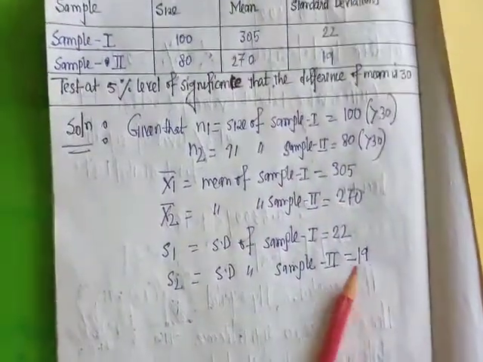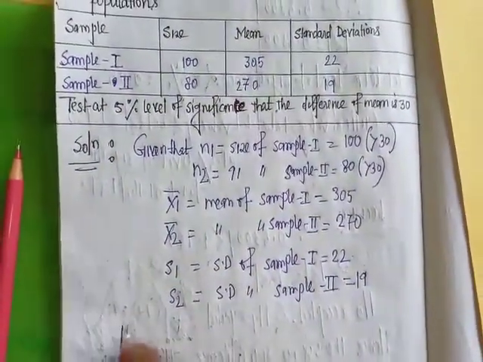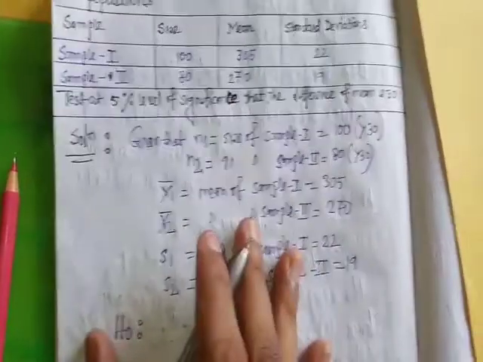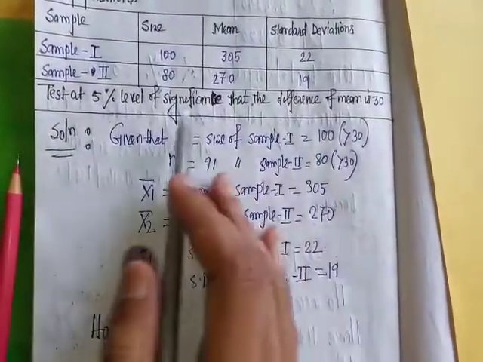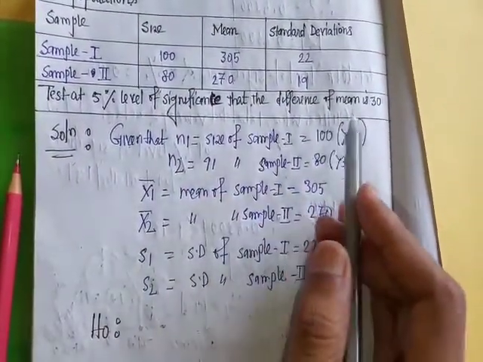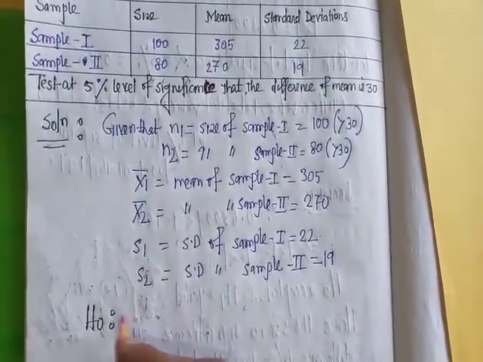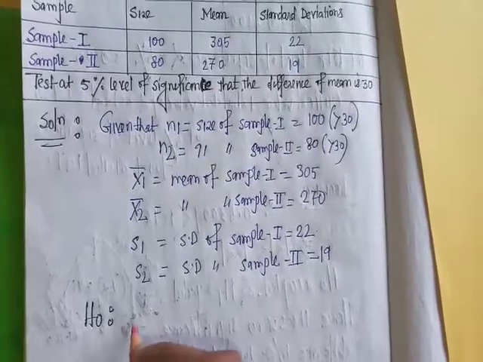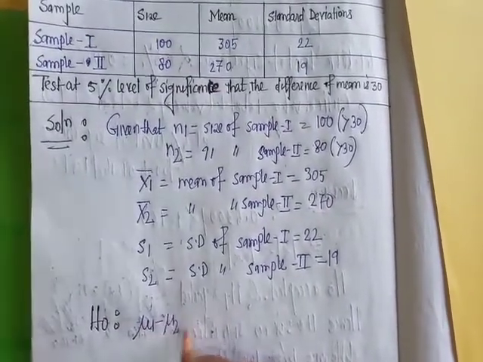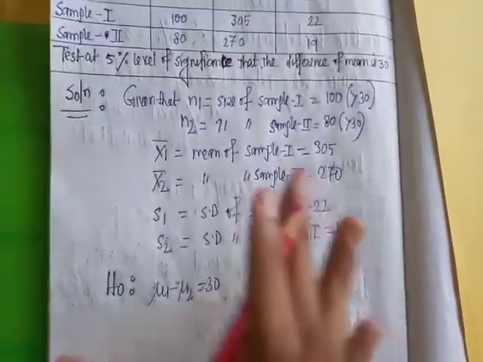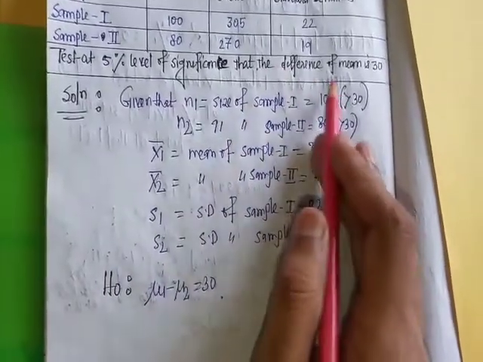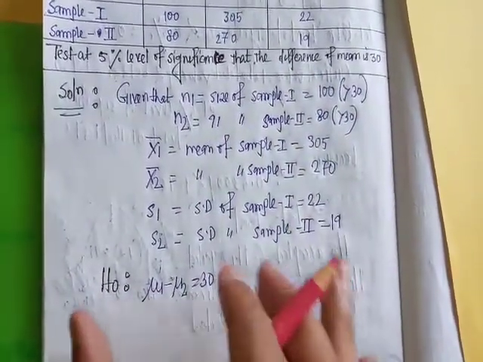Okay, null hypothesis. H naught: we assume the difference of mean is 30. So H naught is such that mu1 minus mu2 equal to 30. This is the null hypothesis.